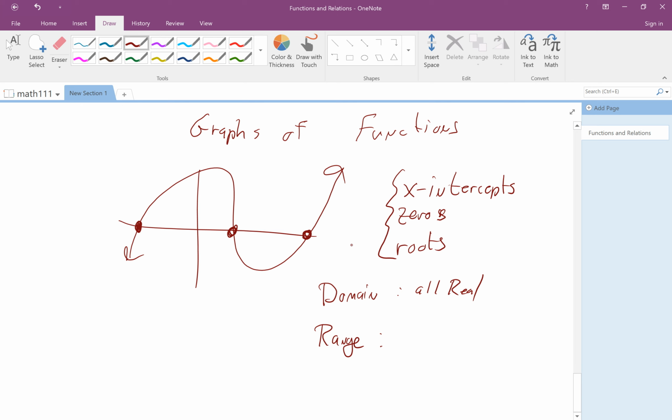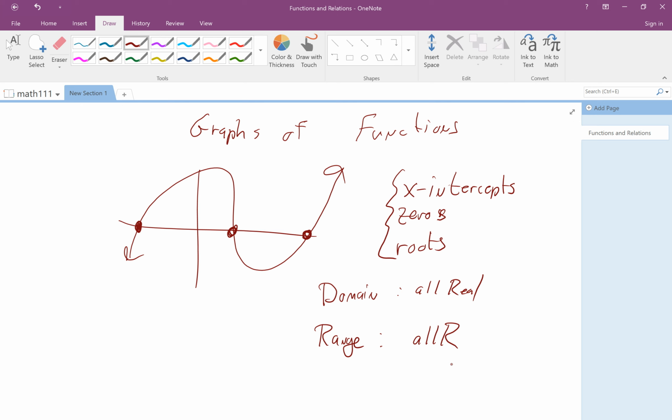If I collapse it down, it's covering everything on the x-axis. All right. What about the range? All real numbers, right? It's going on forever. All real. Okay. They're going to ask you that.